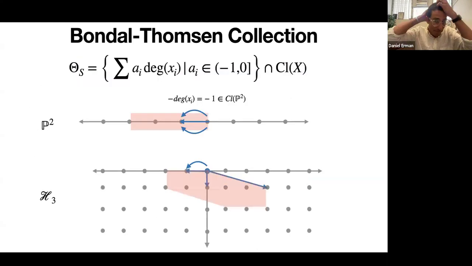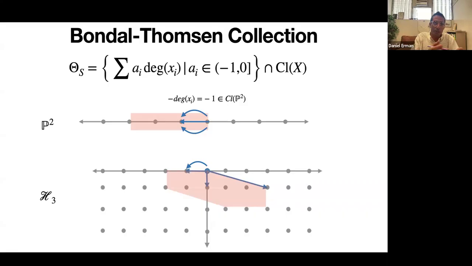All right, so let me get to the main theorem. To get to the main theorem, I've got to tell you what the analog of the Beilinson collection is. It's what we call the Bondal-Thomsen collection. It's something that's been studied in various guises for a number of years, and it's closely related to the Koszul complex.